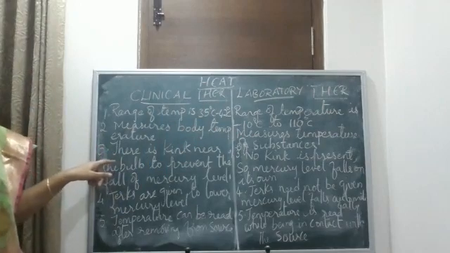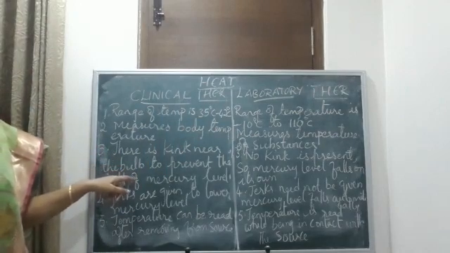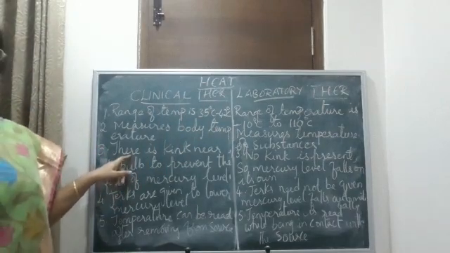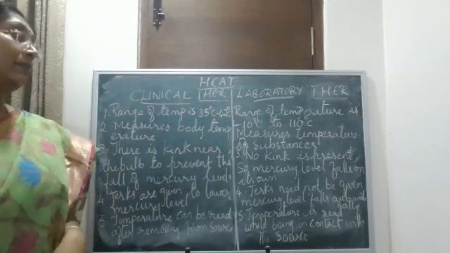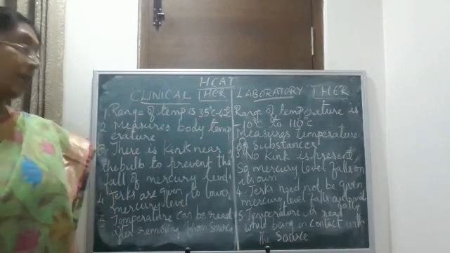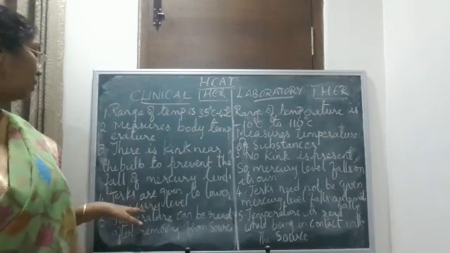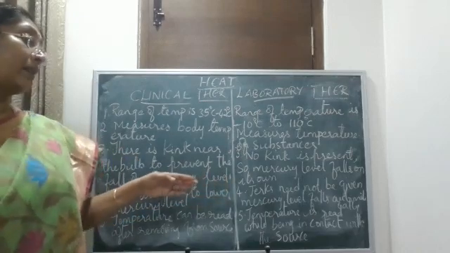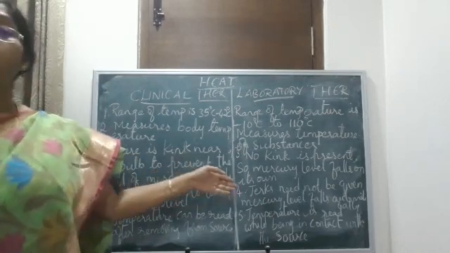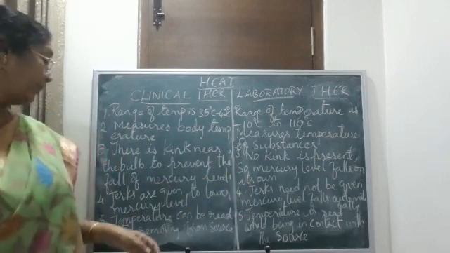There is a kink near the bulb to prevent the fall of mercury level in a clinical thermometer. There is no kink in a laboratory thermometer. Jerks are given to lower the mercury level in a clinical thermometer. No jerks are required in a laboratory thermometer, because the mercury level will automatically fall.